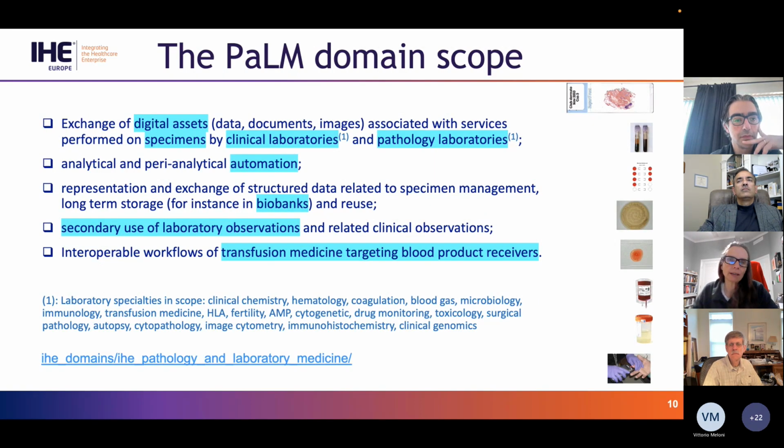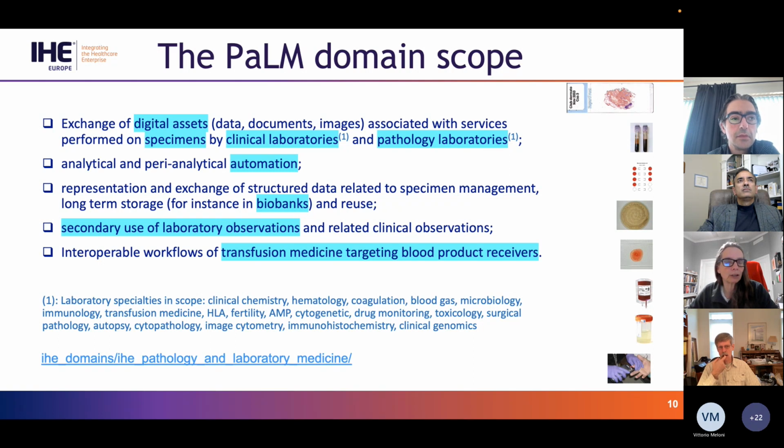Specifically, the pathology and laboratory medicine domain covers the exchange of digital assets and associated services performed on specimens by clinical and pathology laboratories.